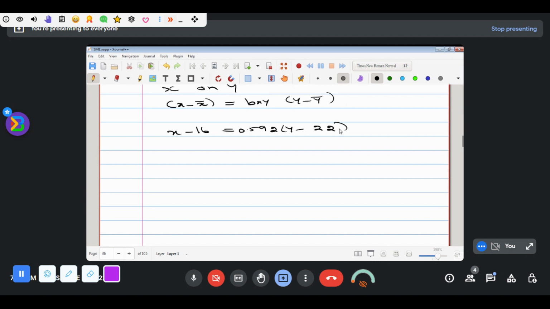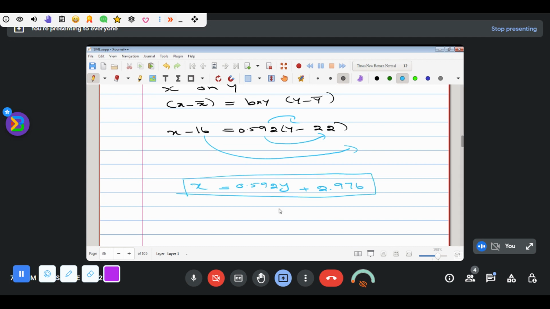The y bar value is 22. Same calculation: multiply inside the bracket and simplify. Then at the end of the calculation, move the 16 to this side. After that, the complete result is x equals 0.592 into y plus the simplified constant term, 2.976. This line equation is called x on y.